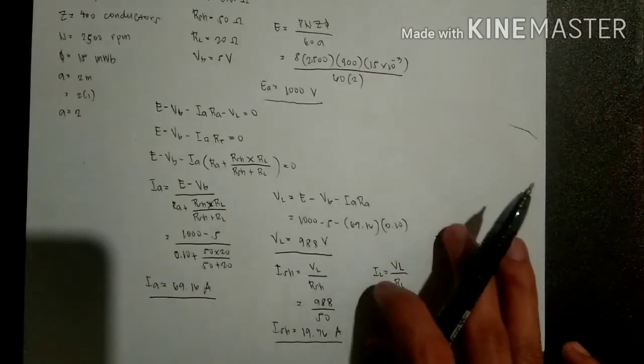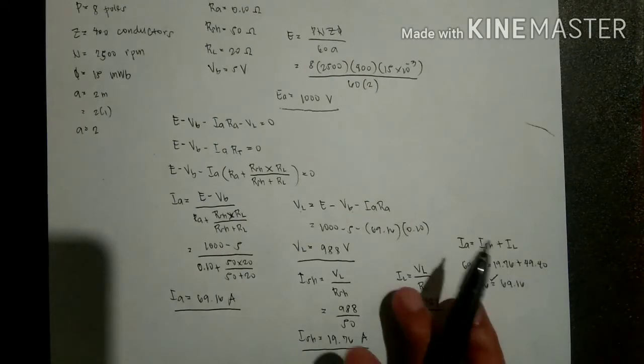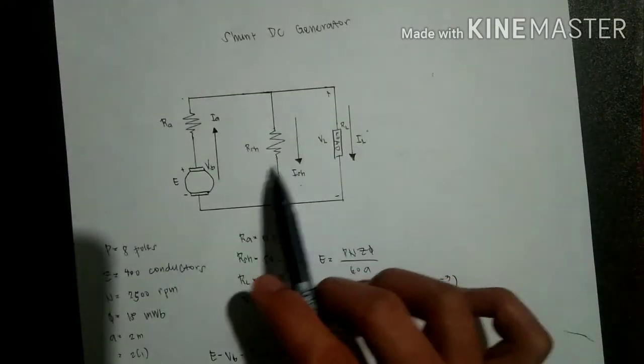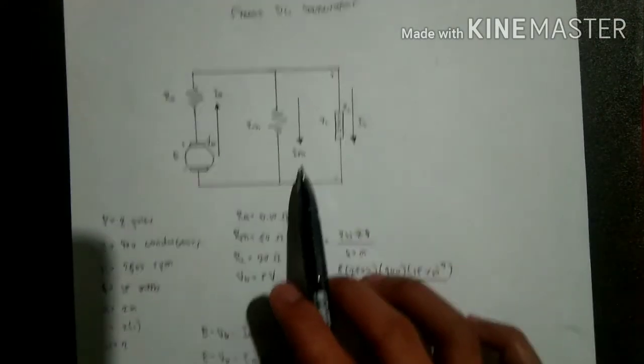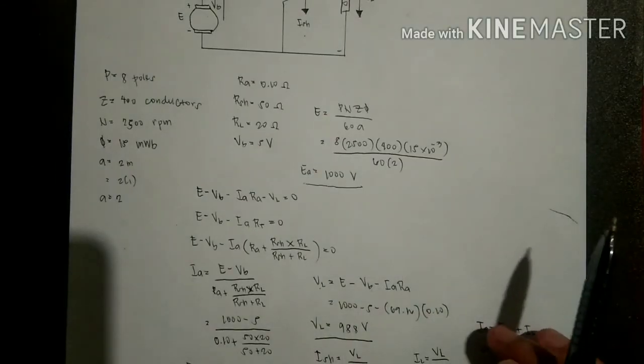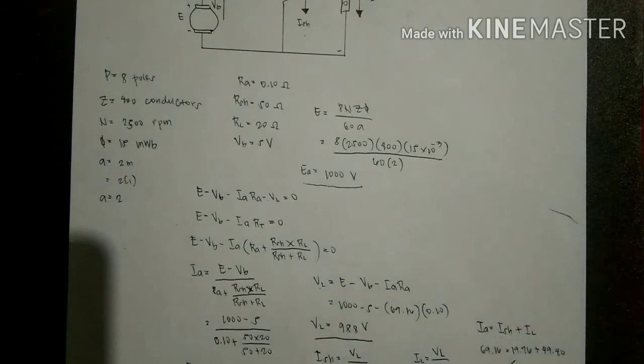Now we can also get the shunt current, the ISH. To find the ISH we simply use KVL, V equals IR.